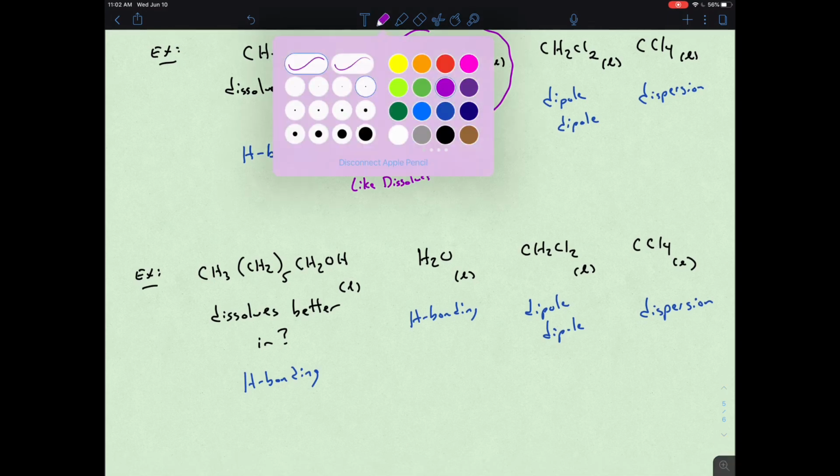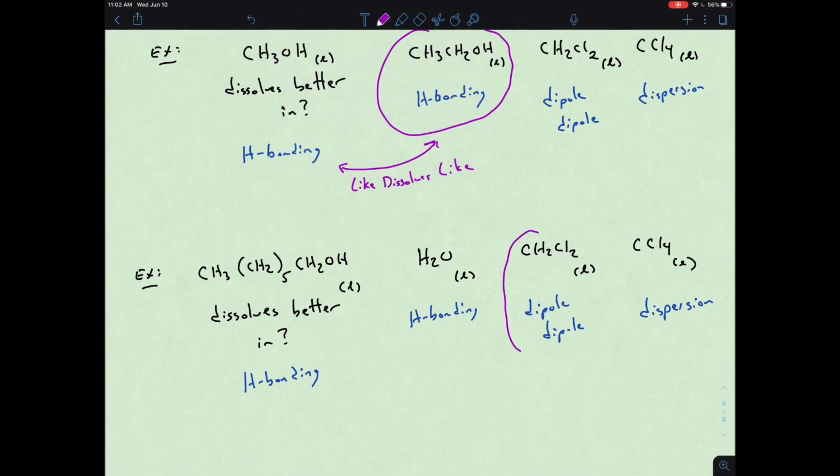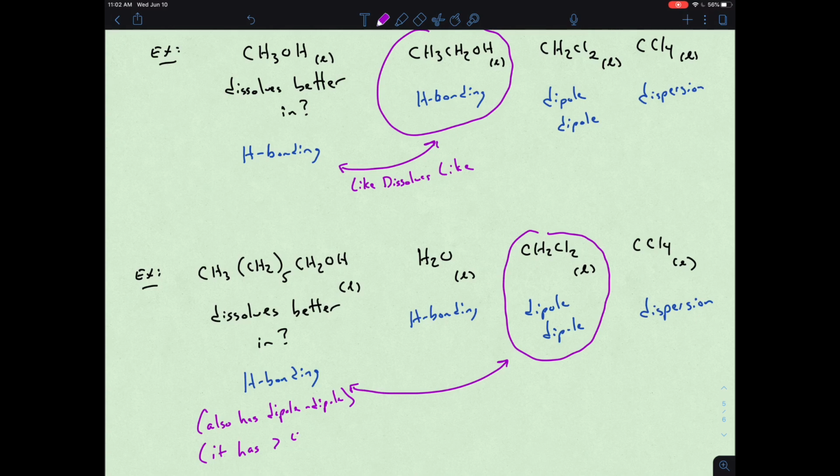The problem is the carbon count. And so even though this is a hydrogen bonding molecule, it also has dipole-dipole, and it has greater than 4 carbons.